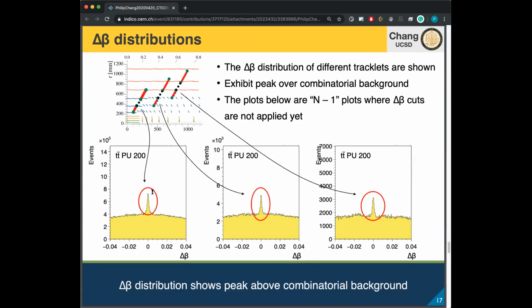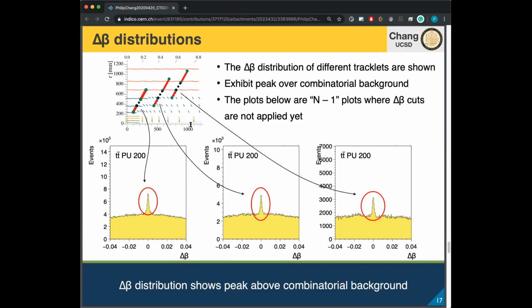Slide 17 shows an example of how these delta beta distributions look in the tracklets. From the very left to the very right, I'm showing you tracklets connected between layers 1 and 2 and 3 and 4, or 2, 3, and 4, and 5, etc. I'm showing you a TT bar in the pileup 200 case to illustrate that a clear peak is visible on top of the combinatorial background, which lets us select the correct segment links.